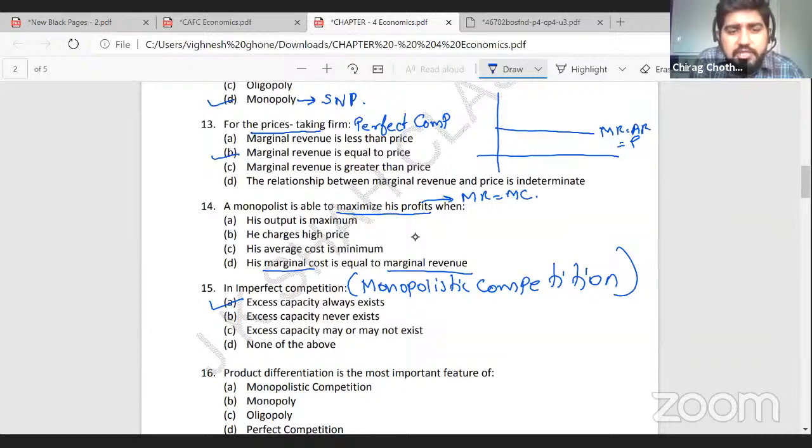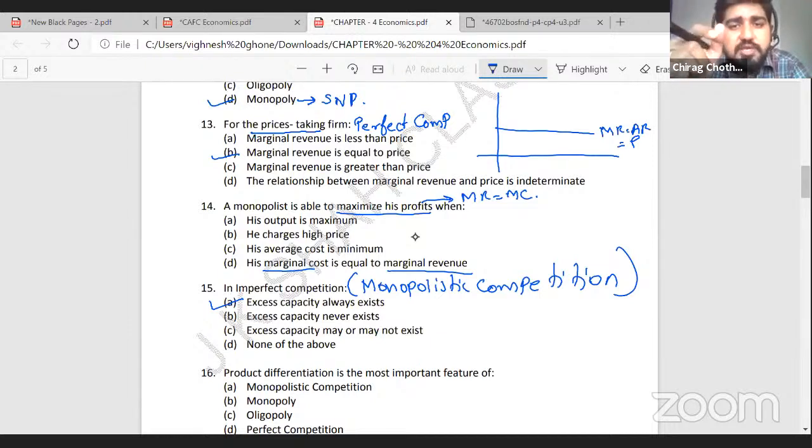I will also tell you, friends, what do you exactly mean by excess capacity so that you are not worried about the meaning. Excess capacity is a condition that occurs when demand for a product is less than the amount of product that a business could potentially supply to the market.